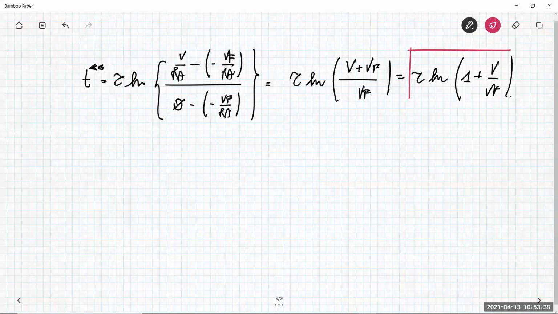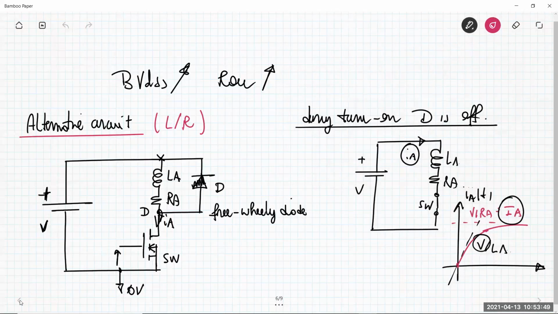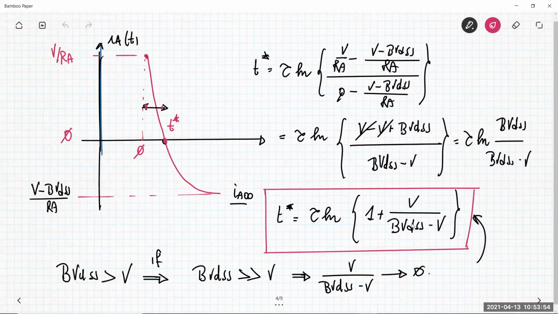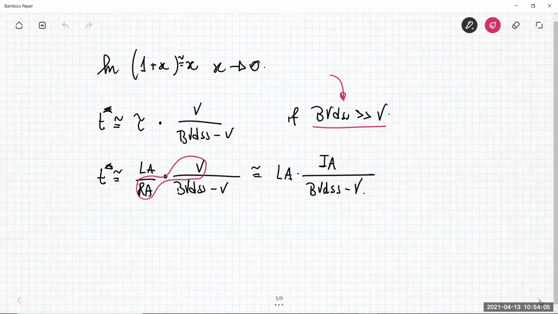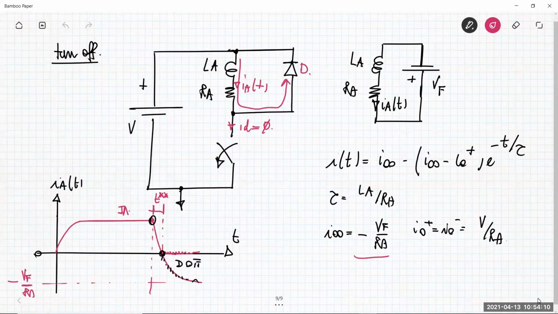Just compare this expression here with the expression for the time star interval we got for the previous circuit. Okay, this is something like 1 plus this one. It is basically the same shape, tau, natural logarithm, 1 plus V, and then we have another denominator. So let me put them in the same slide and the same page to compare them.